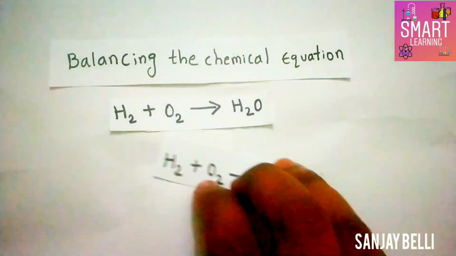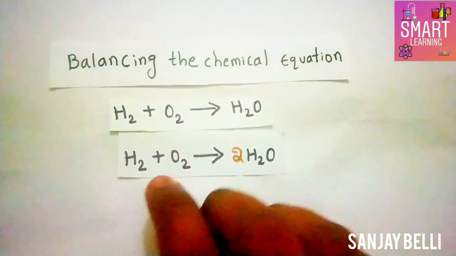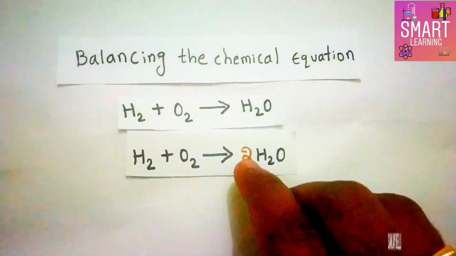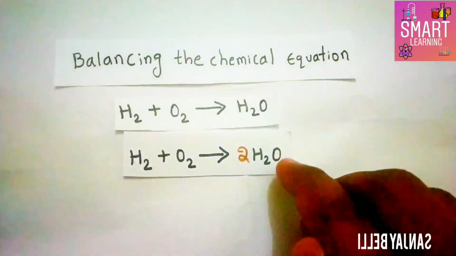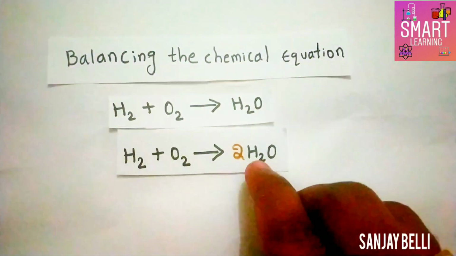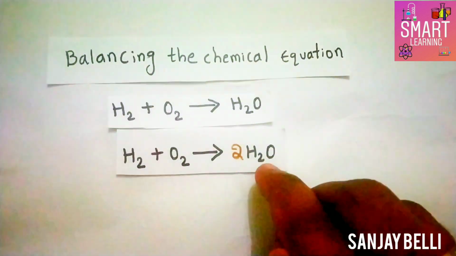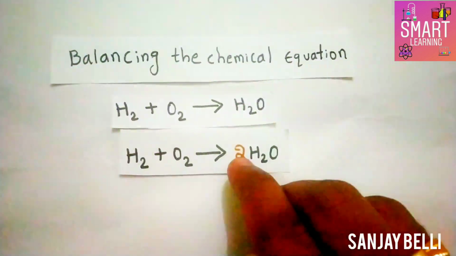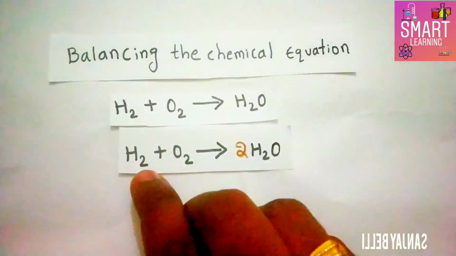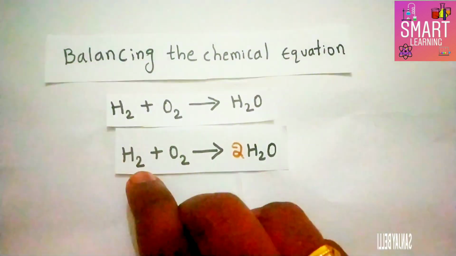So I write H2 plus O2 gives rise to 2H2O. Now the oxygens become 2. But this 2 is multiplied for hydrogen also. So 2 twos are 4 hydrogens on the product side, whereas there are 2 hydrogens on the reactant side.